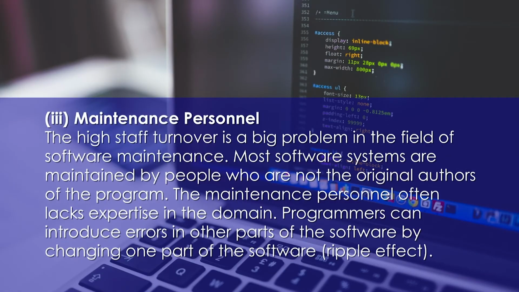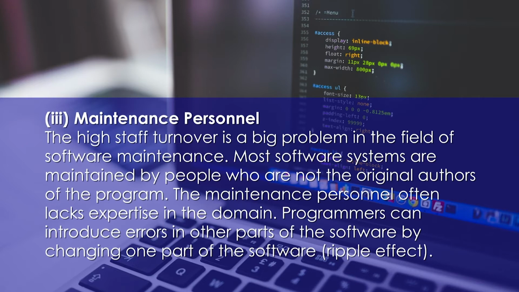The third internal influence factor we can talk about is the maintenance personnel. High staff turnover is a big problem in the field of software maintenance. Most software systems are maintained by people who are not the original authors of the program. The maintenance personnel often lack expertise in the domain.